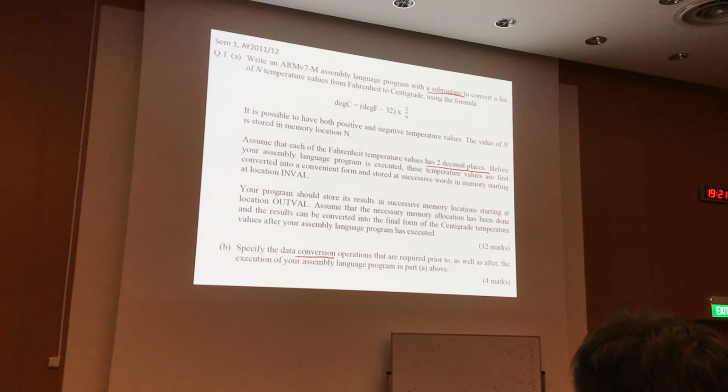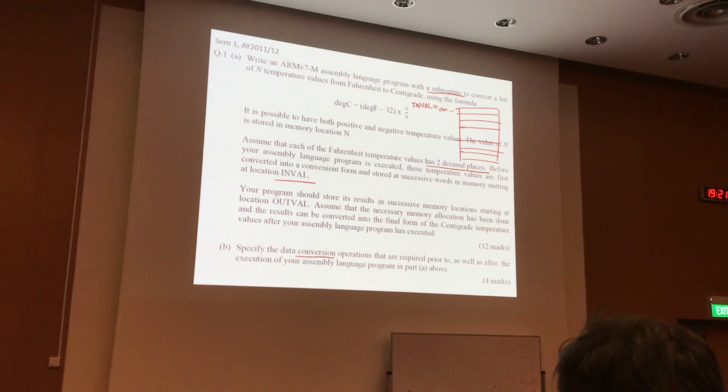Once again, there's a list of numbers, location, in, val. So in this case, the problem now is I have some list of numbers, I have some starting place, it is in, val, and then whatever value here, let's say 212 Fahrenheit is supposed to be 100 Celsius.